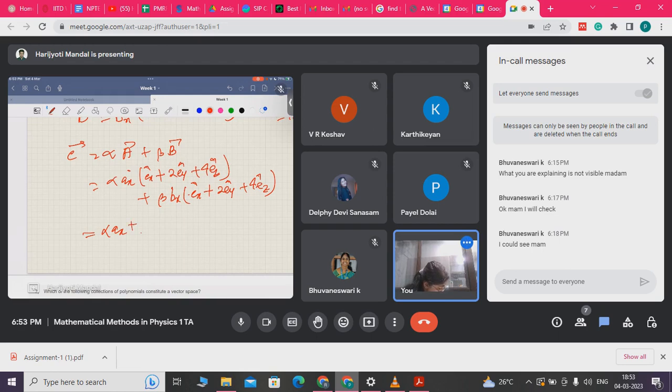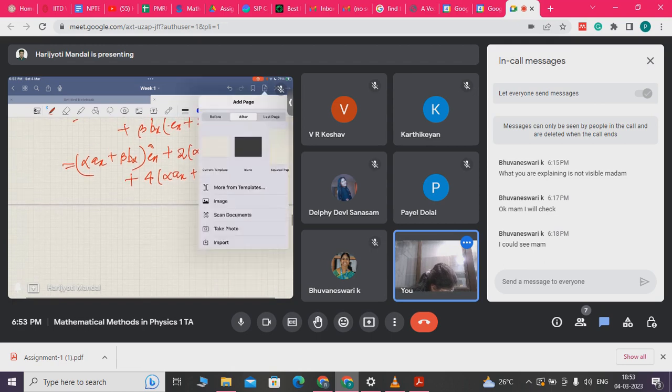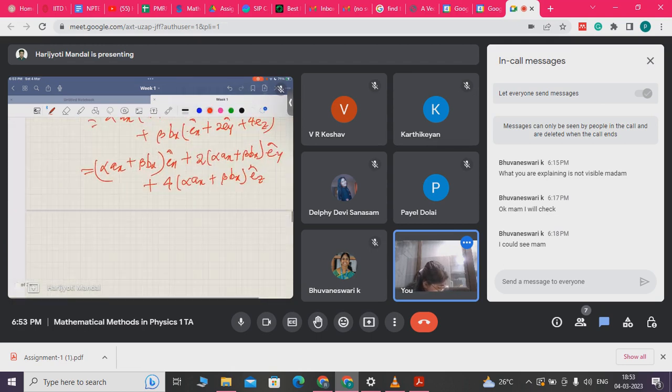After grouping the coefficient of ex at the same place, (alpha ax plus beta bx) ex plus 2 into (alpha ax plus beta bx) ey plus 4 into (alpha ax plus beta bx) ez.